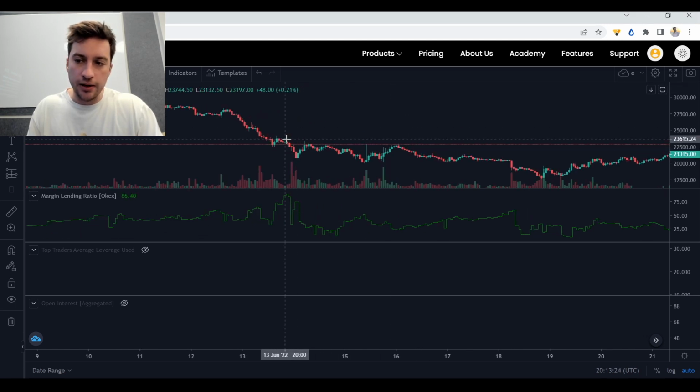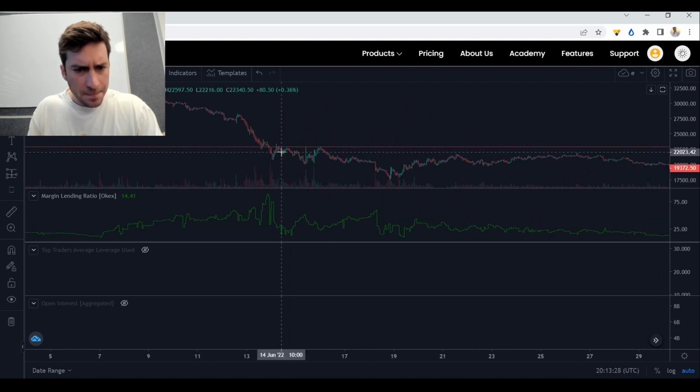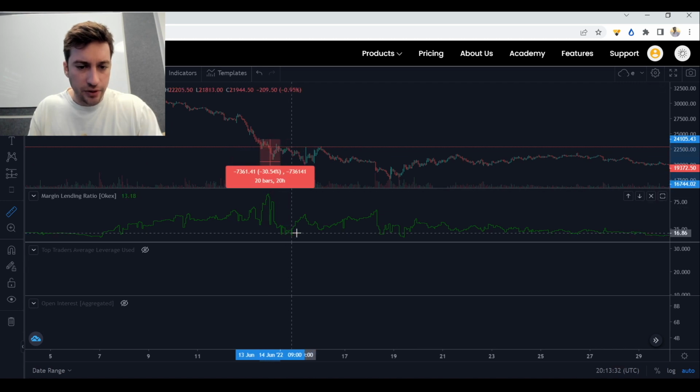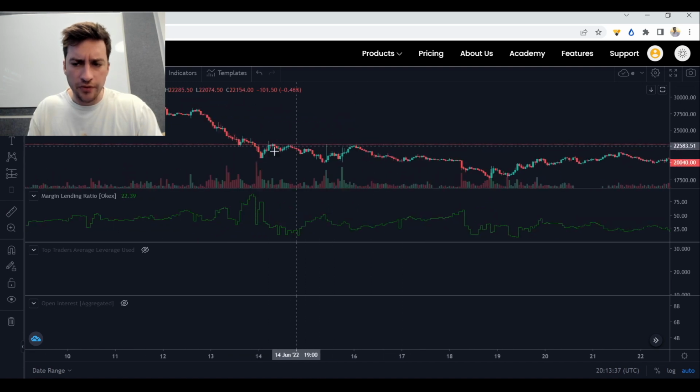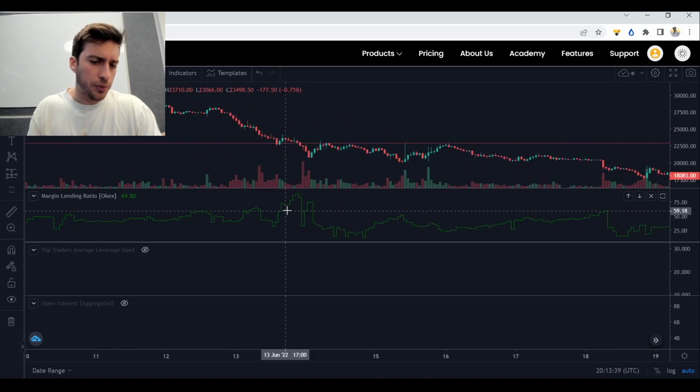That happened right here at about 23.6. Look what happened when the ratio was high. It just tanked until the ratio actually went very, very low, which is kind of creepy, but it indicates to me that what probably ended up happening here is that there were a few very large positions that were trying to buy the dip, and they got absolutely crushed, as you can see from the data here.